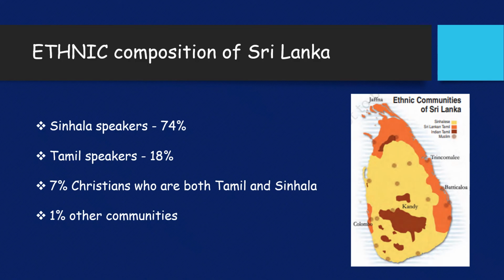In Sri Lanka, we have 74% of Sinhala speaking community. There are 18% Tamil speakers, but the Tamils are further divided into two groups, the native Tamils and the Indian Tamils. Indian Tamils are people whose forefathers came from India as plantation workers.